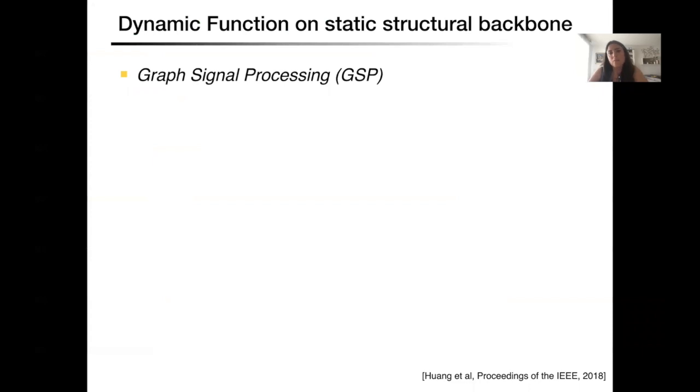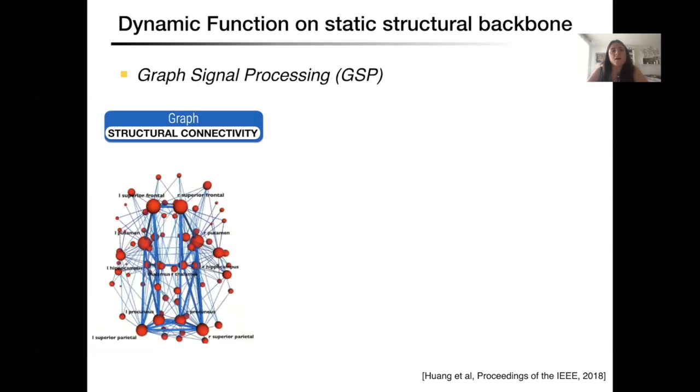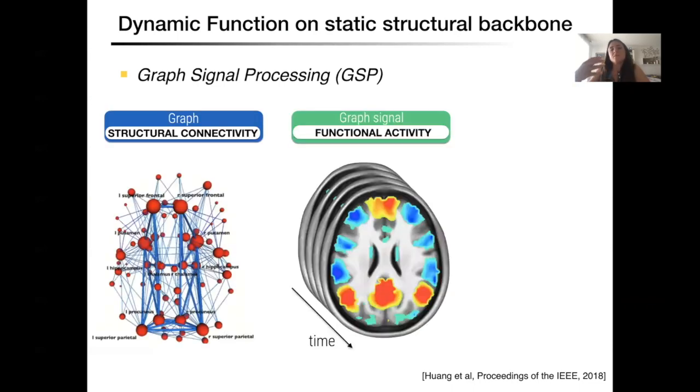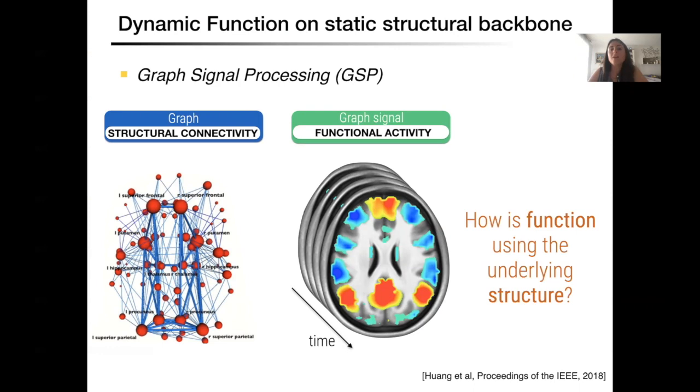Also a topic where I worked, that I focused on a lot in the latest years. In graph signal processing, we see functional activity signals as graph signals, so signals defined on top of a graph that is represented by structural connectivity. So this is how these two pieces of information are linked. And the question is, how is function using the underlying structure?